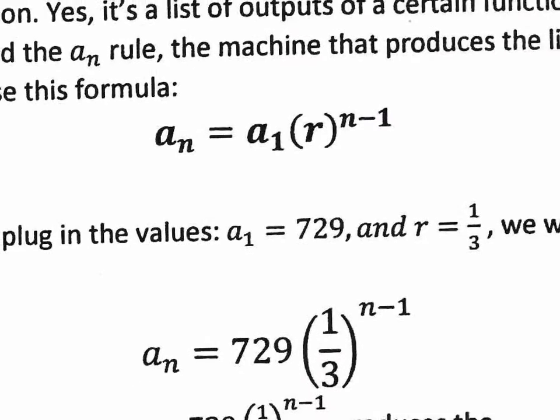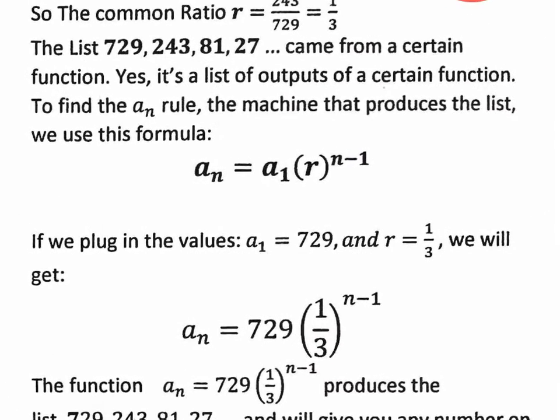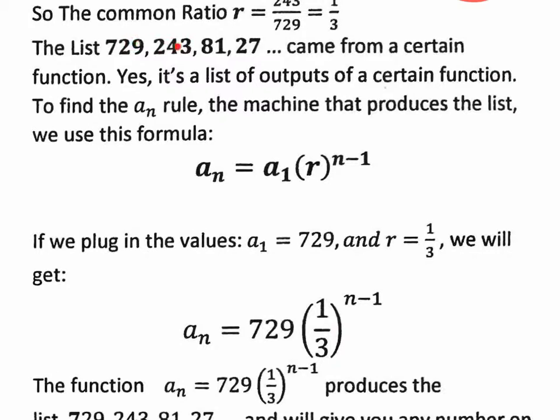So let's take a look at the list that we were dealing with. It's up here, 729, 243, 81, 27, getting smaller and smaller and smaller. Does anybody know this next one? 9. The next number, you think it's 9? Could be. 9, yeah. In order for us to verify that, we should figure out this machine.